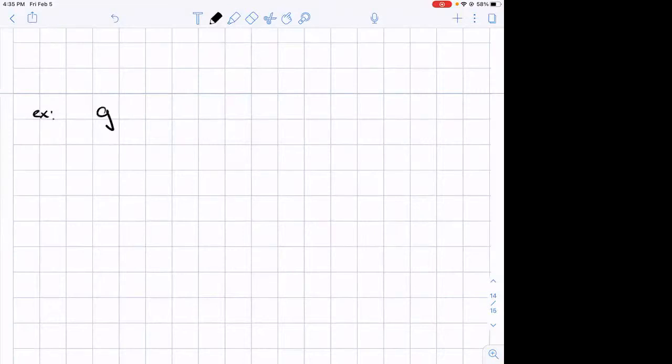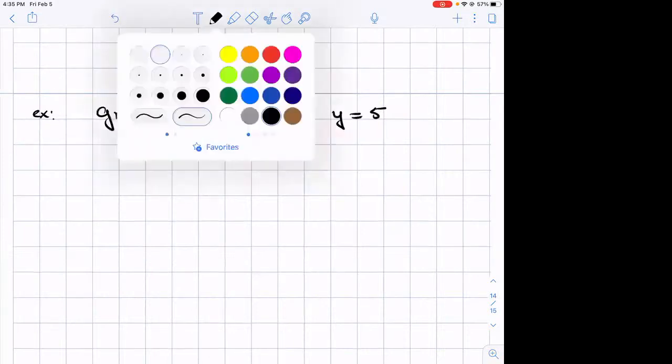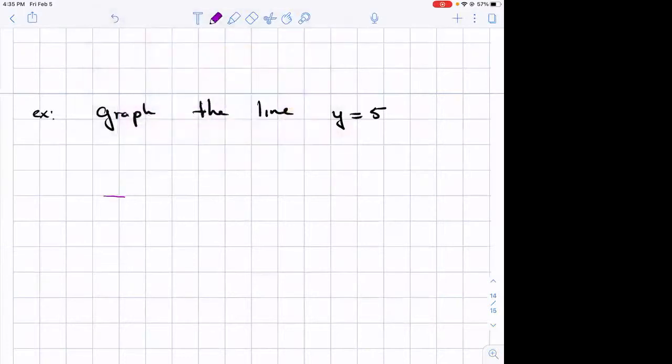If I ask you to graph the line y equals 5, there is no x or y to plug in as we were doing before, nor is it written in the form y equals mx plus b. You could put it in the form y equals mx plus b if you want to, because the m is really 0.